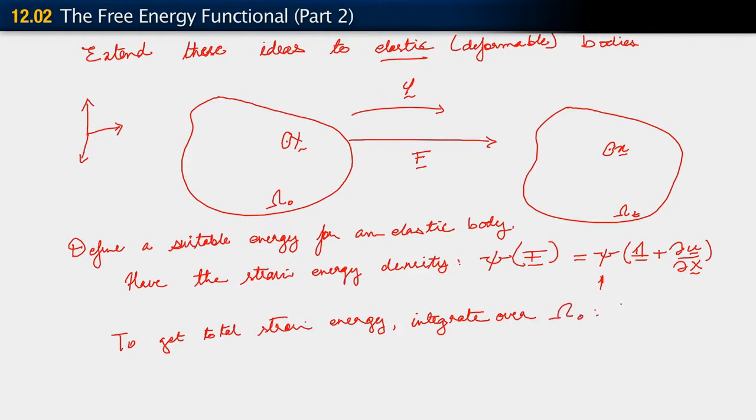Okay? In particular, you may say, well, let's just do that. You may say integral over omega naught, psi function of F, dV, capital V. That gives us the total strain energy.